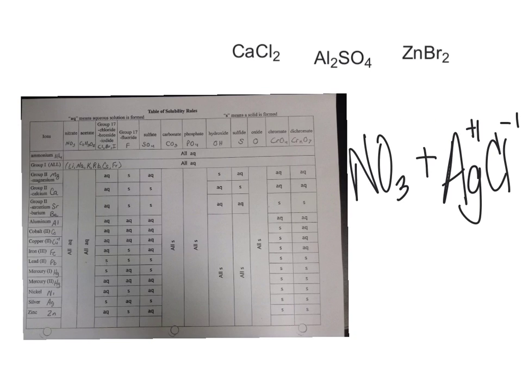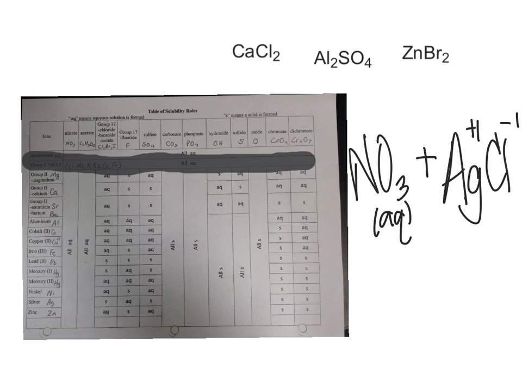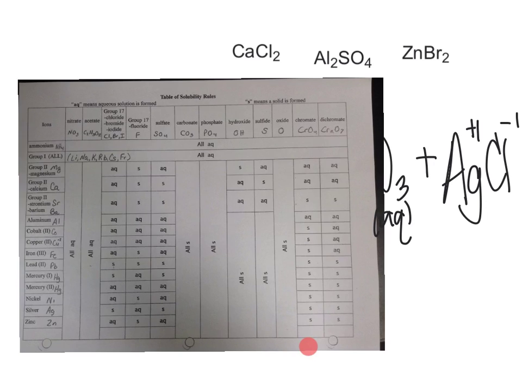So our first compound is NaNO3. Na is in group 1, and they're all going to make an aqueous solution. So this is going to be an AQ. Our next compound is AgCl, so silver chloride.